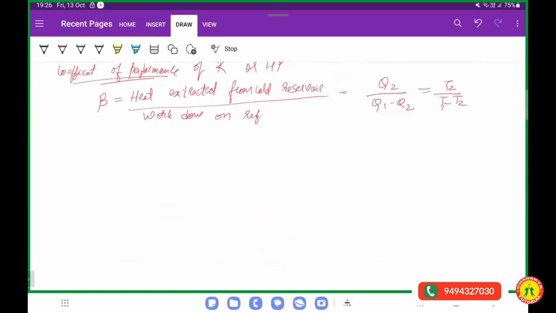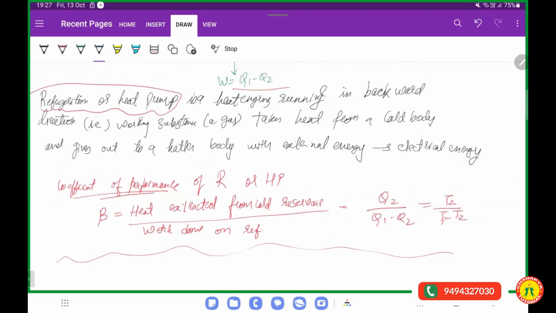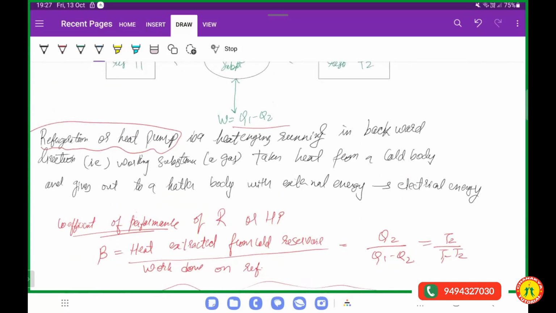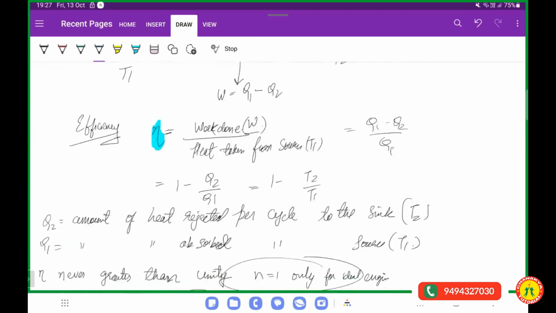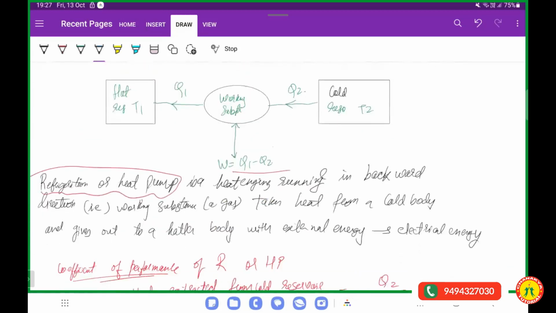Chalo, I'll scroll up. We can go to reversible cycle. Any other doubt here before going next? Are you okay with this heat engine and refrigeration?